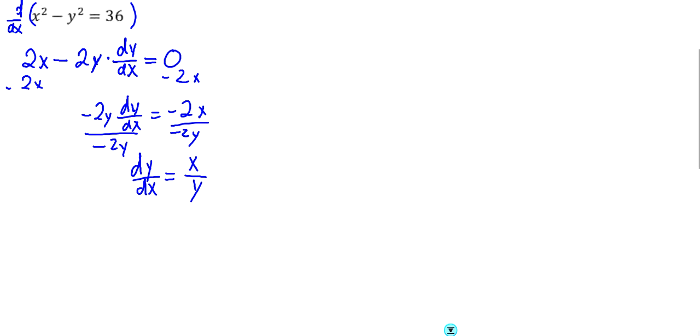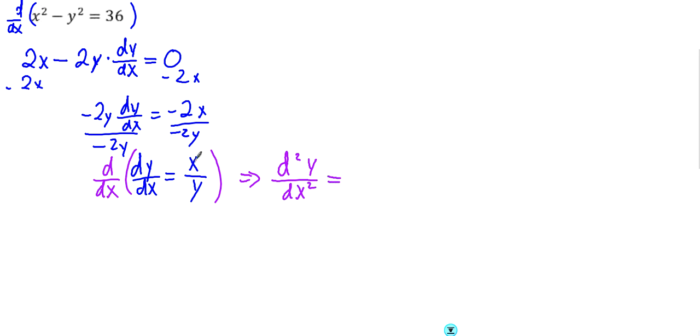But now I've got to take the second derivative, which means I'm taking again the derivative d over dx. When you take the derivative of dy over dx, you get your second derivative, d squared y over dx squared, because it's like d times d, that's the d squared here, and dx times dx is dx squared.